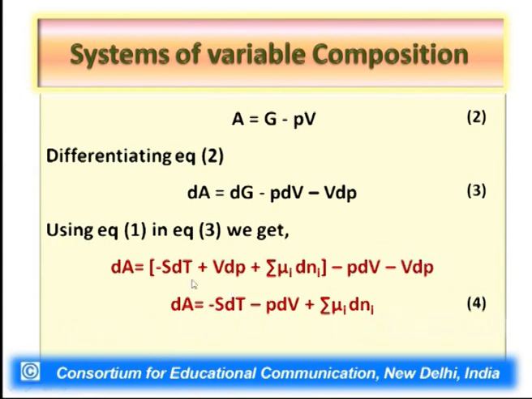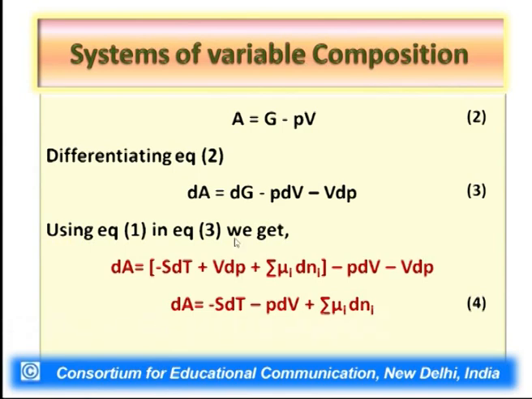Upon opening the brackets, it is very clear that VdP and minus VdP cancel, and what we get is dA equal to minus SdT, the first term, minus PdV, the second term, and plus summation mu i dNi. So equation 4 therefore becomes another fundamental equation of thermodynamics for systems of variable composition.